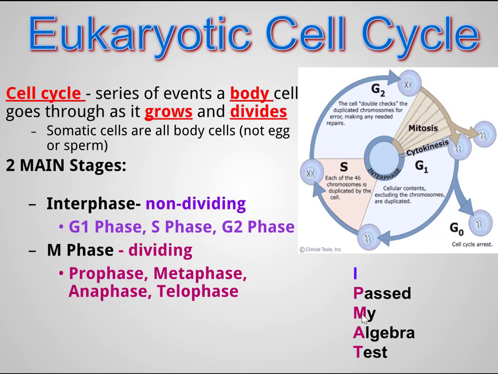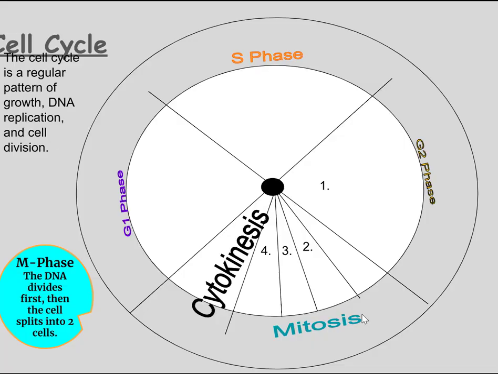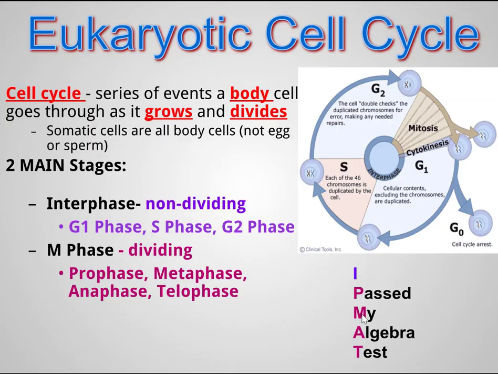This has four phases, prophase, metaphase, anaphase, and telophase. A way to remember the order of all of this is "I passed my algebra test." I for interphase, P for prophase, M for metaphase, A for anaphase, T for telophase.